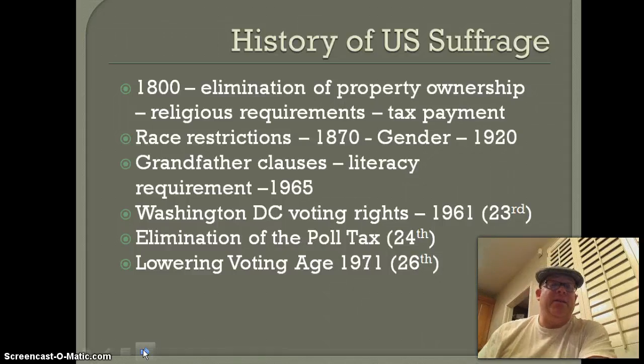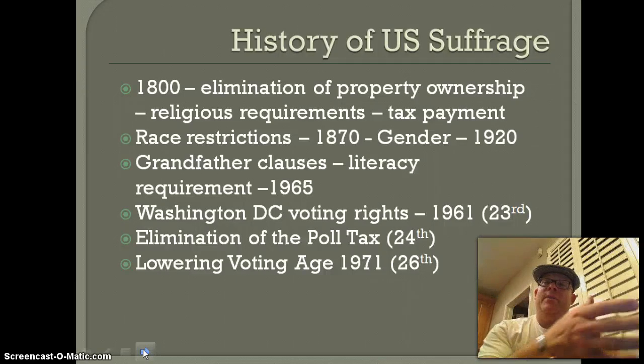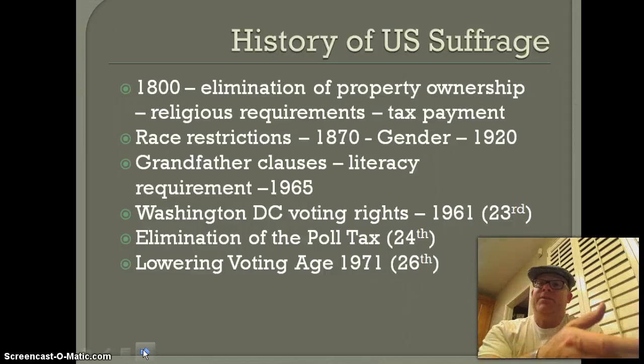The poll tax is going to get eliminated by the 24th Amendment, and kind of the big one here for kids that are your age is that the voting age was actually lowered, and that was the 26th Amendment, from 21 down to 18, due to that generation that was being drafted into service in Vietnam not being able to comprehend how I can be drafted by politicians, sent to war by the President and Congress, and not have any voice in that decision-making process.